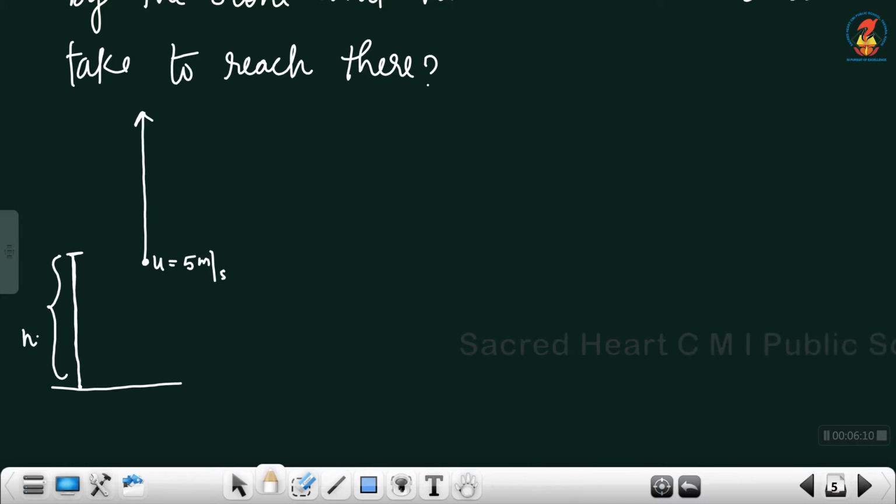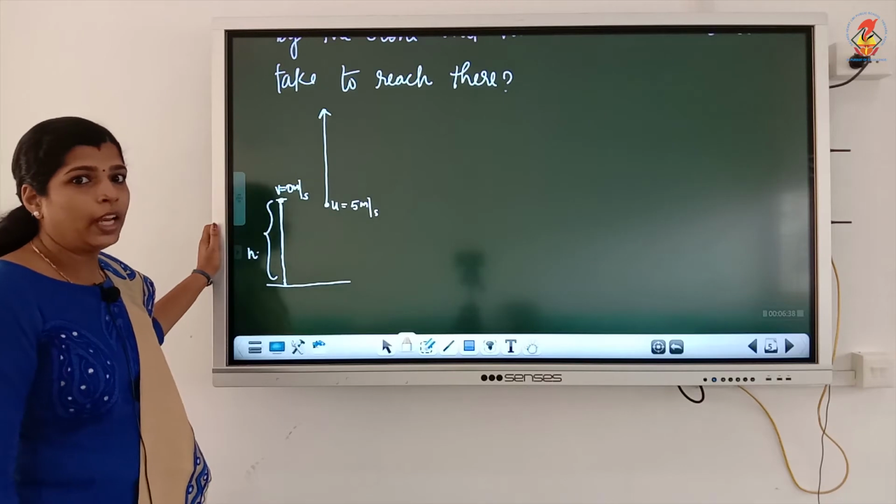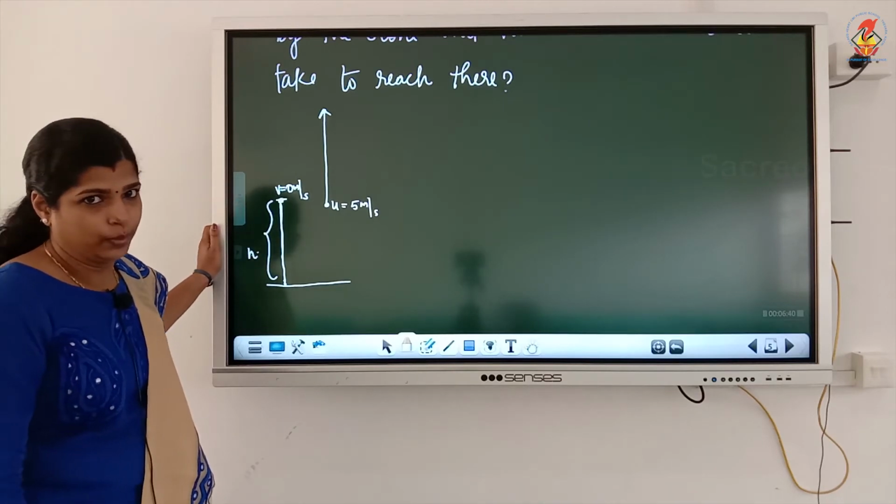When it reaches this point, its velocity will be 0. When an object is thrown upwards, it will reach a maximum height and return back to earth. At the maximum height, its velocity will be 0 for a moment and it will change its direction.